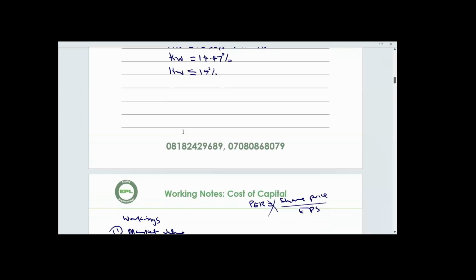Bank loan, there is no market value for bank loan. Bank loan is not tradable. It's not something you can buy or sell in the market. So if it is bank loan, just go to the balance sheet. Go and pick the value you have there. That's the book value. All right? All right, sir. Thank you, sir. You're welcome.